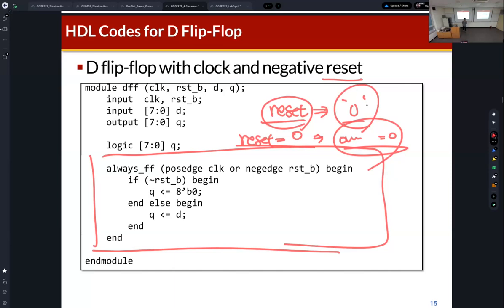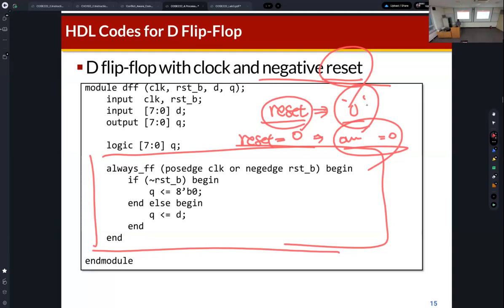In this case, it is called the negative control signal. In this example, this is the reset signal, but the reset signal is enabled if this signal becomes 0. That's why this signal is called the negative reset. It means that if the signal value becomes 0, then the output is reset.